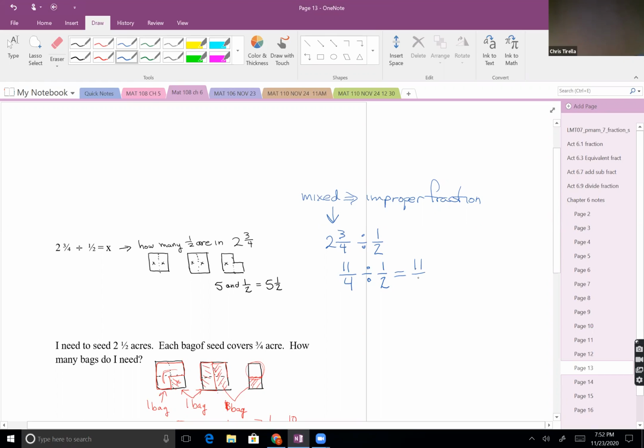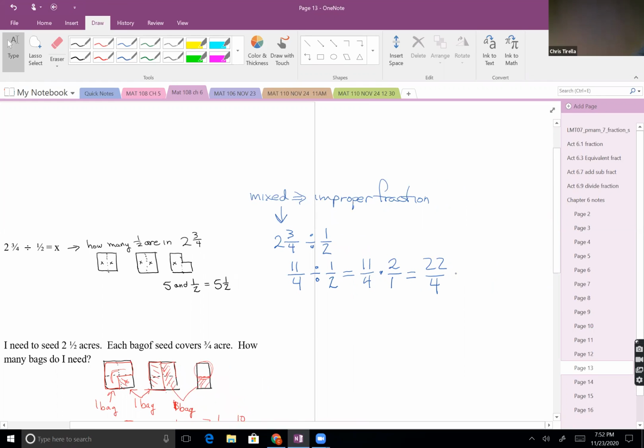We keep the dividend. We take the reciprocal of the divisor. We multiply. And then we can reduce and change it back into a mixed number.